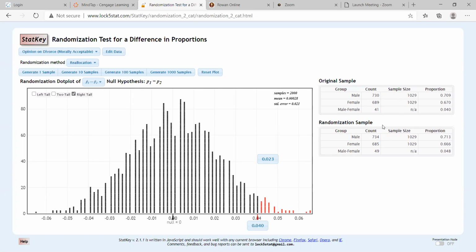We're just plotting our sample statistic along the x-axis, and then determining the probability for all those values that are at least the sample statistic or more extreme than that. Okay, any questions about that?